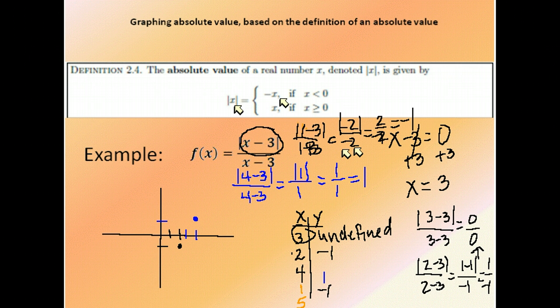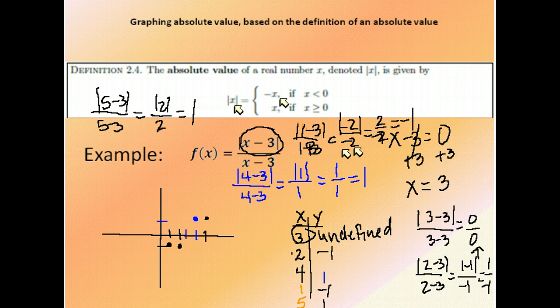So I have the point (1, -1). Okay? 5, let's plug 5 into our function. We're all over the place here. 5 minus 3, absolute value over 5 minus 3 gives me absolute value of 2 over 2, or 1. So I have the point (5, 1) on my graph.